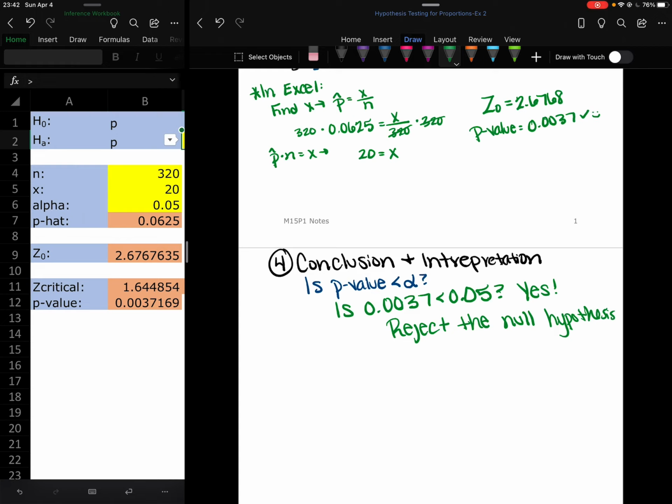Our probability is too small. The percent of planes with contaminated water is so much higher than the rest of the population that airplane water is more contaminated than the rest of the population. 6.25% is too many planes with contaminated water.